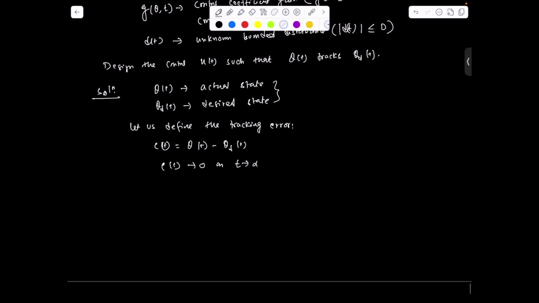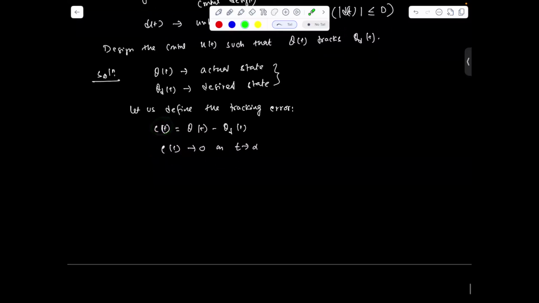So this is our control objective. Now we can define the sliding surface based on the error function, because we are trying to define the dynamics into error form, and here e of t can be the state variable. So we are defining the sliding surface in terms of e of t.